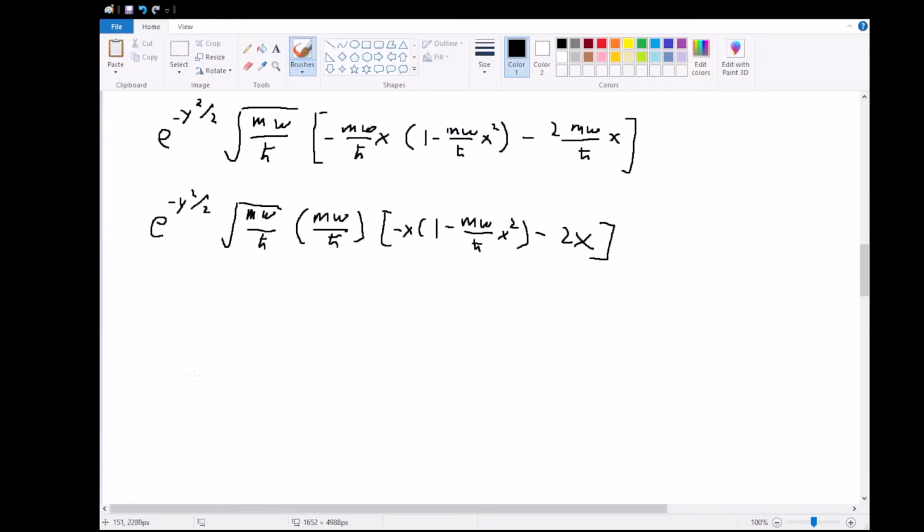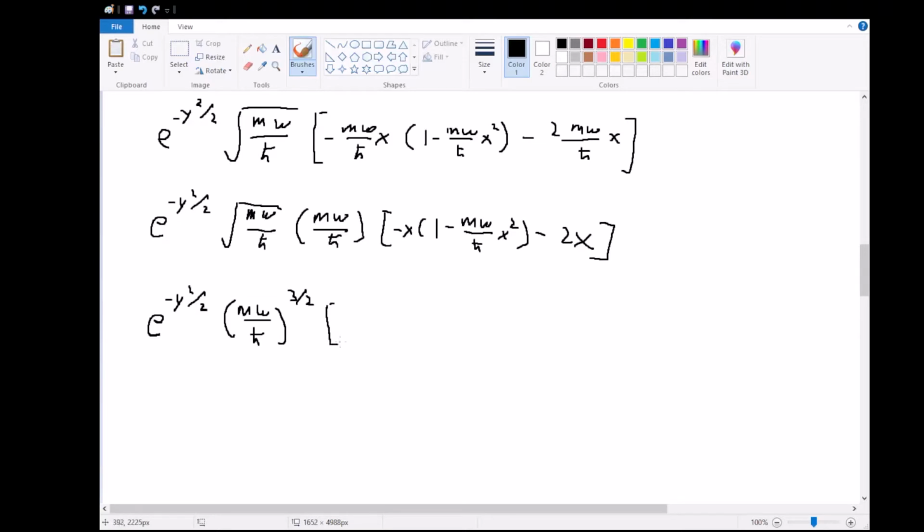Get this out more, and this is going to give us this, which we can simplify as m omega over h bar to the power of 3/2. Is that correct? 1/2, 2 over 2, yeah.